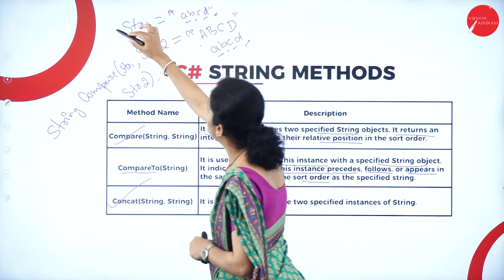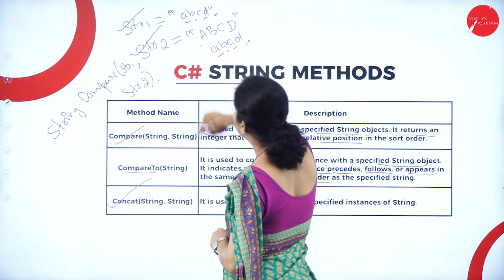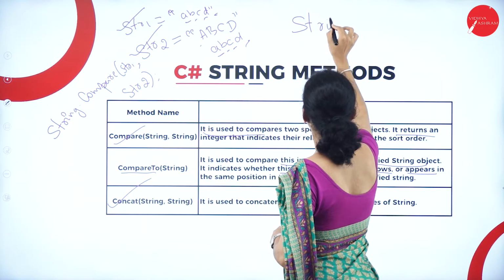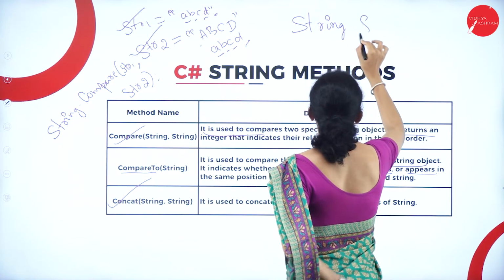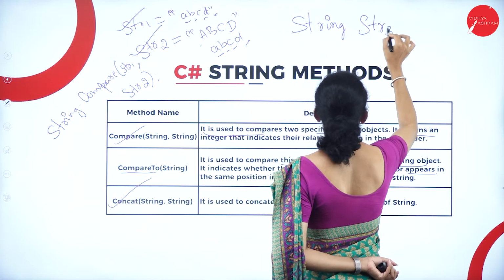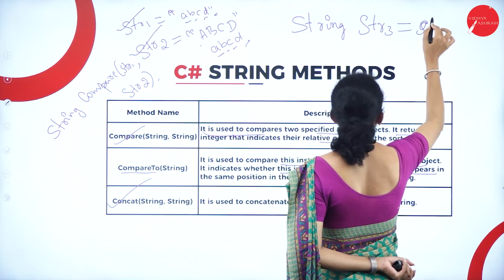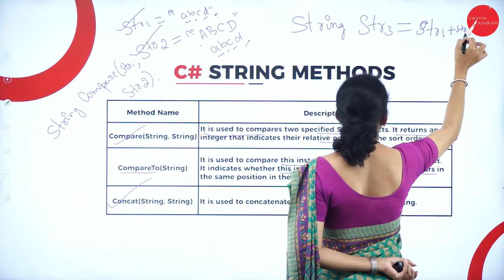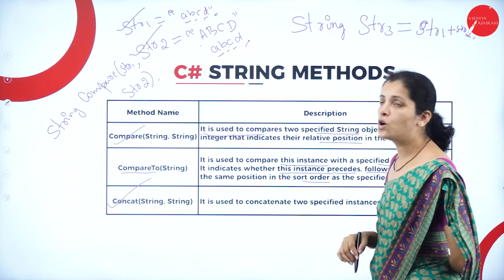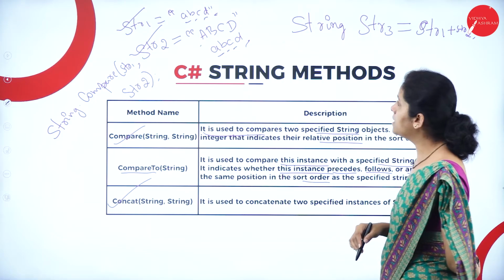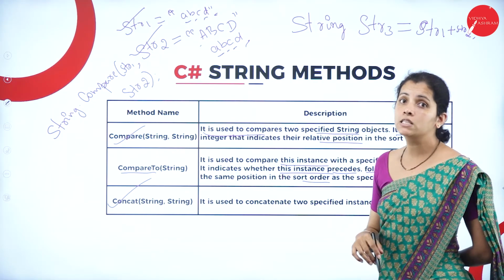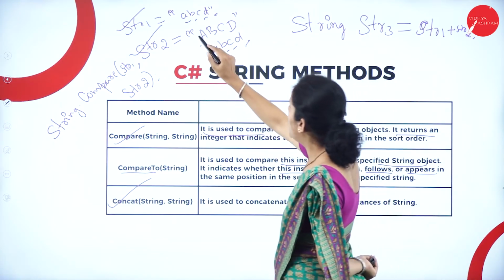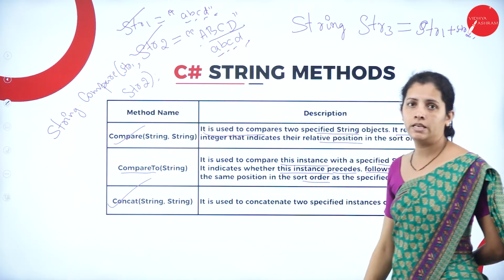Think that I have string1 and string2. Now what I will do: string str3 = str1 + str2. I'm going to concatenate, that means I'm going to club. So what is my answer here? Small letters a, b, c, d and capital letters A, B, C, D.